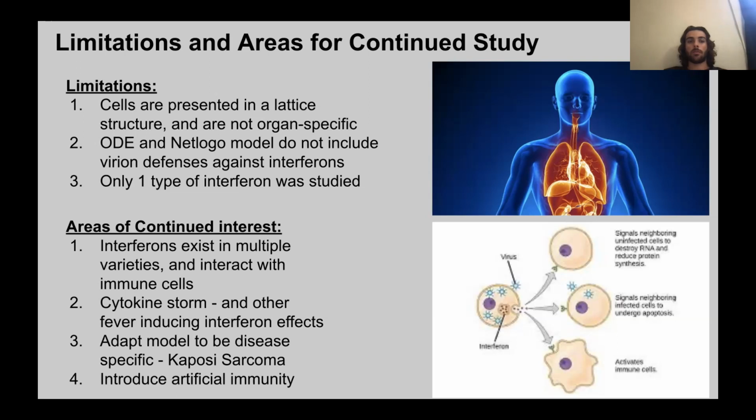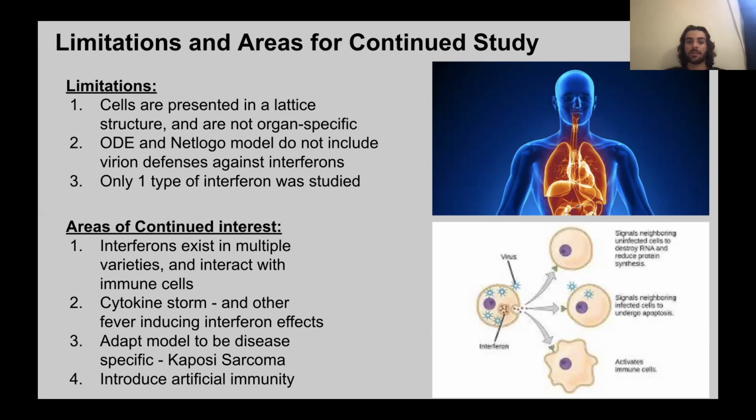Also, there are a lot of other factors and influences going into the body fighting off infection, which we really do not show in the model, including viruses having their own defenses to stop interferons, which we just don't go into. And our model was only for a single type of interferon, not a lot of different types, because there are many different kinds of interferons. We basically just modeled the one basic one.